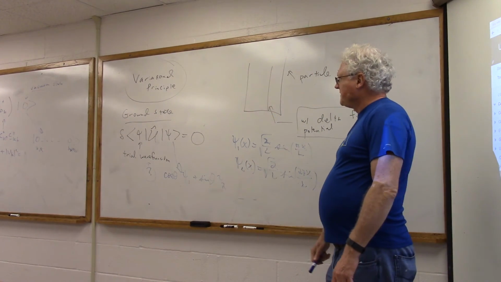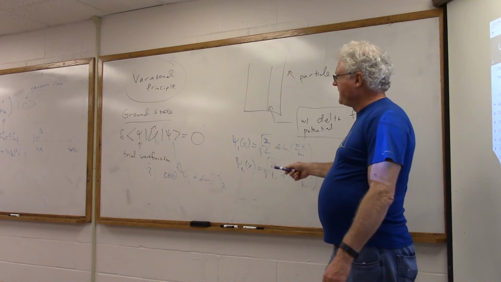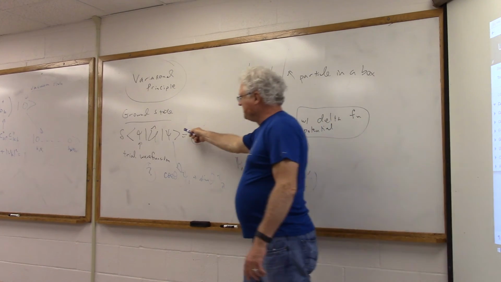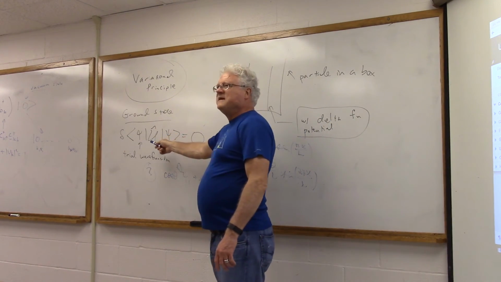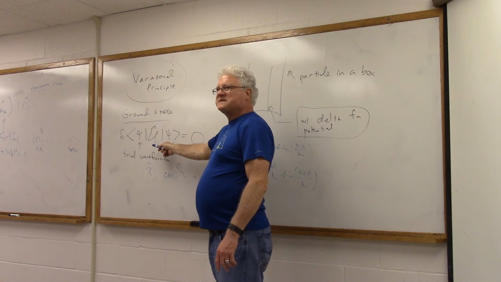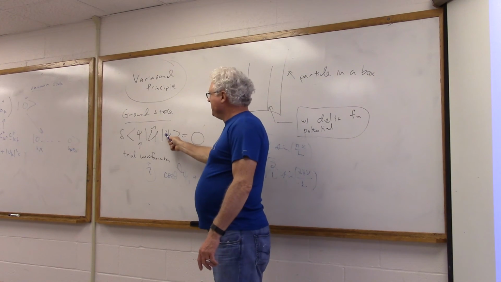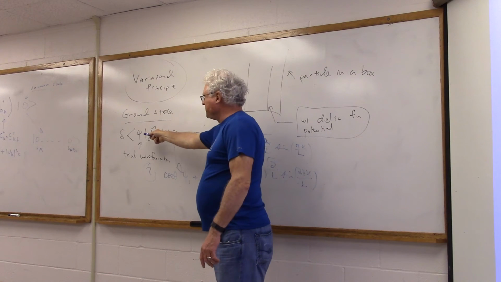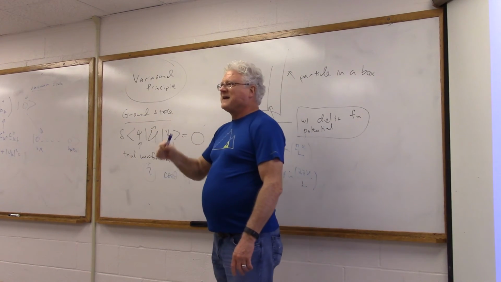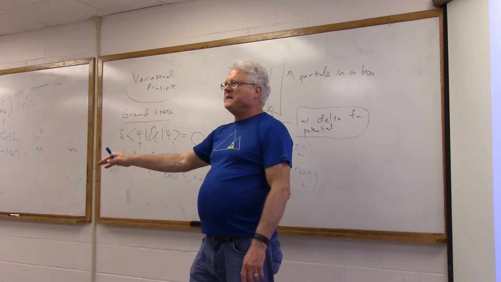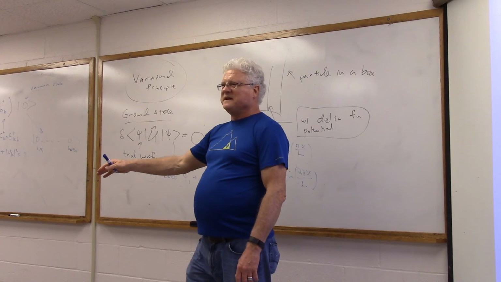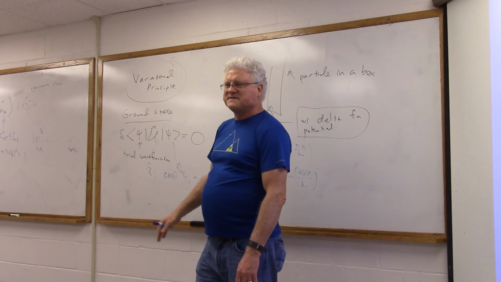And then after you've done that, if you plug that right back into your expectation value, that actually gives you an estimate. So with that trial function, when you take this expectation value, that gives you sort of an upper bound on what the ground state energy is for that system.